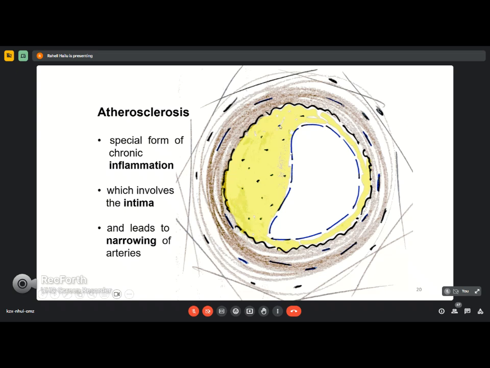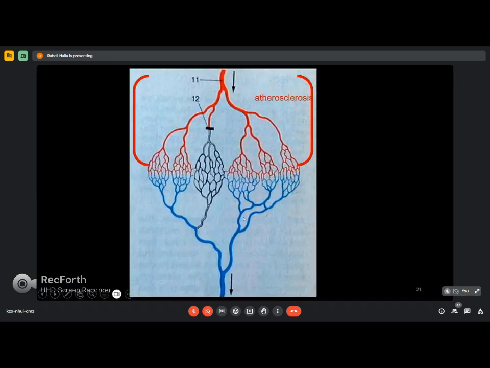So any sort of accumulation like this, fatty accumulation like this, is known as atherosclerosis, and it leads to the narrowing of the arteries. This is the lumen of the artery, right? So a certain part of the lumen is obstructed by this raised lesion here.